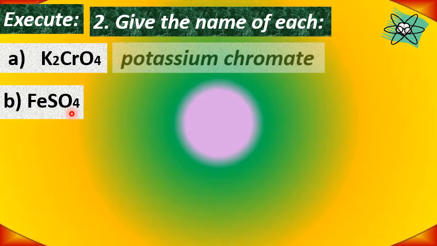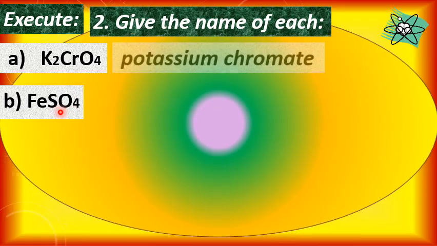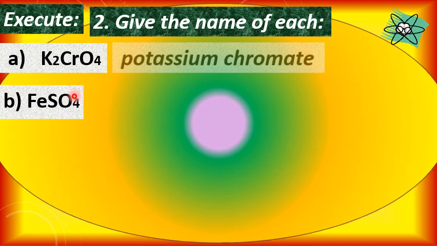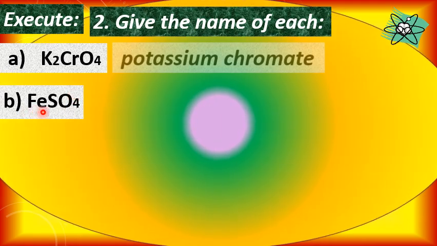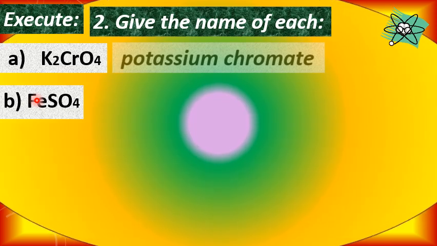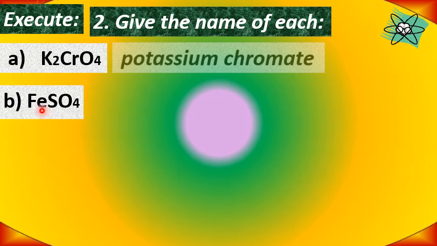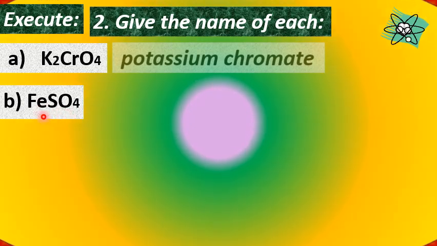SO4 has an ionic charge of negative 2, while iron here uses the lower ionic charge of positive 2, which when crisscrossed, iron and sulfate will have the same subscript, which is 2.